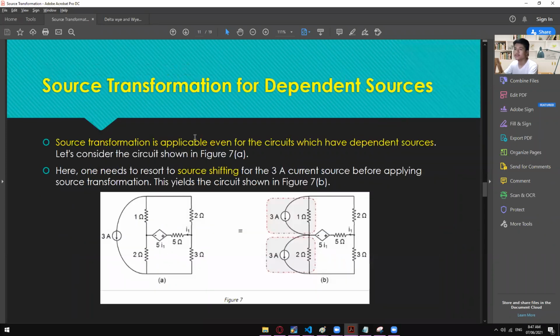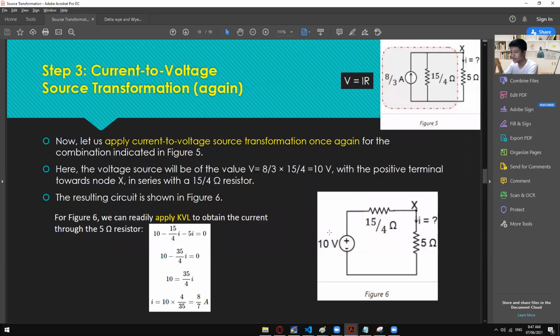All right, so moving on, we have another example right here. Transformation is applicable even for circuits which have dependent sources, like for example this one. Take note when we see dependent sources, we have this kind of symbol. If it's independent, it is a circle, just like this one.